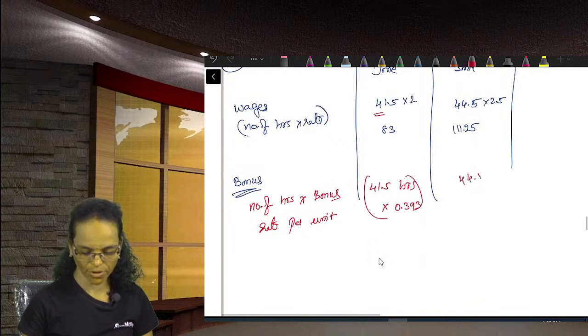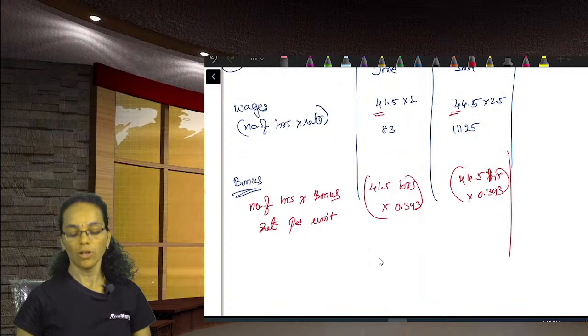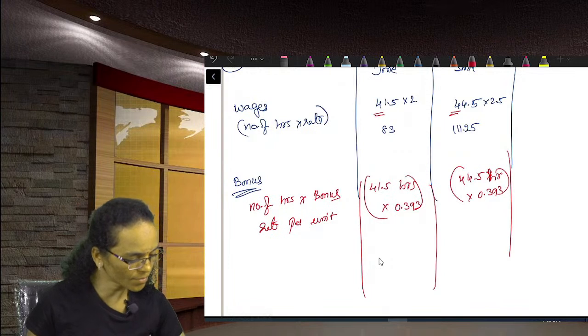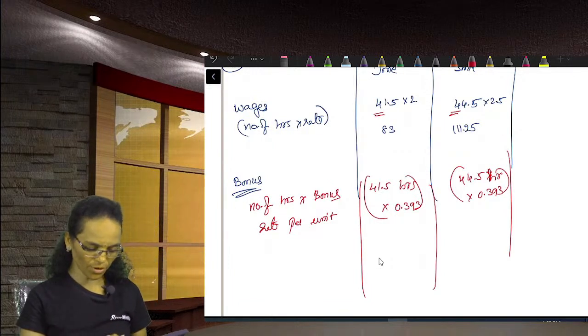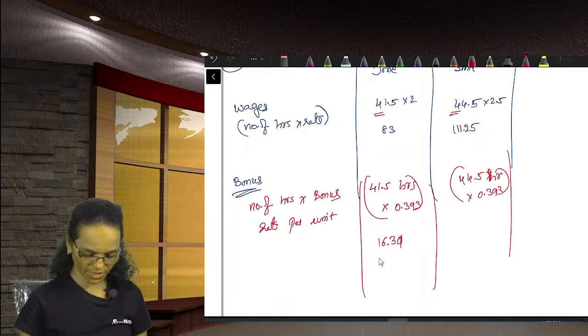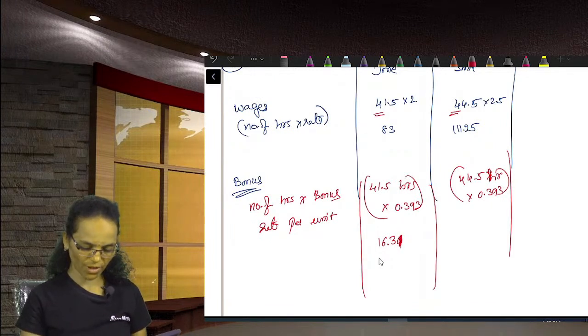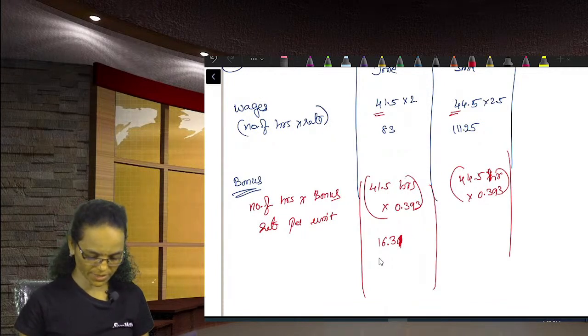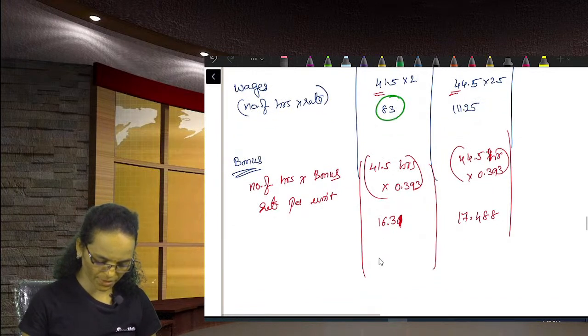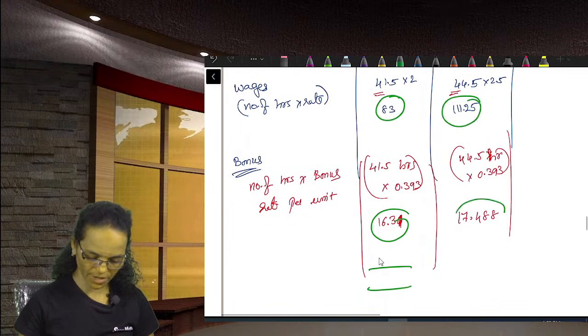Here, this employee worked for 44.5 hours into 0.393 as the bonus rate per hour. 41.5 into 0.393 is 16.31, and 44.5 into 0.393 is 17.488.